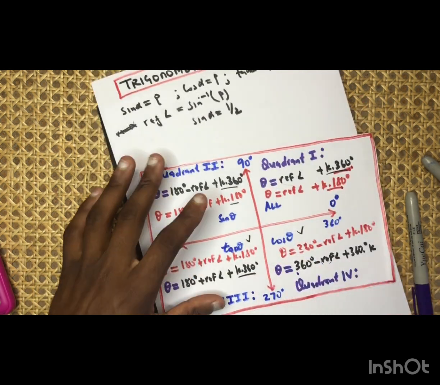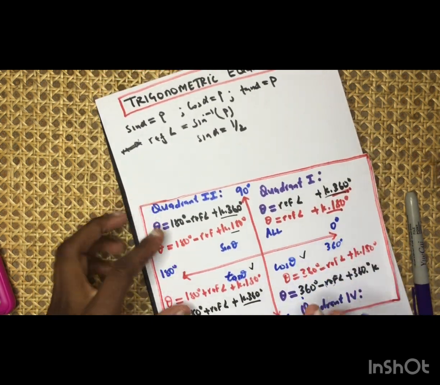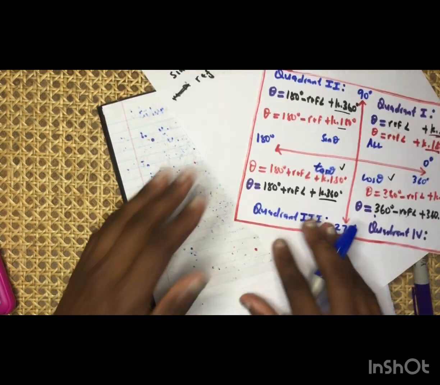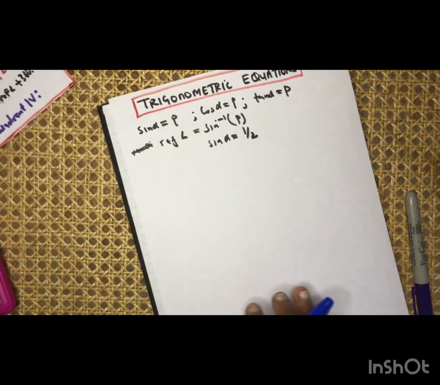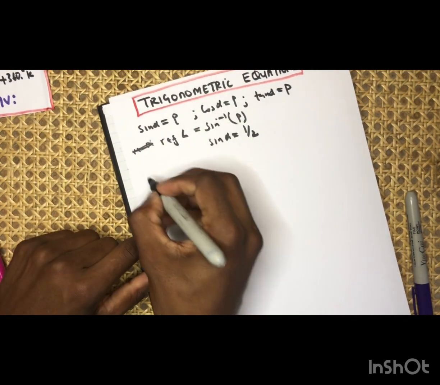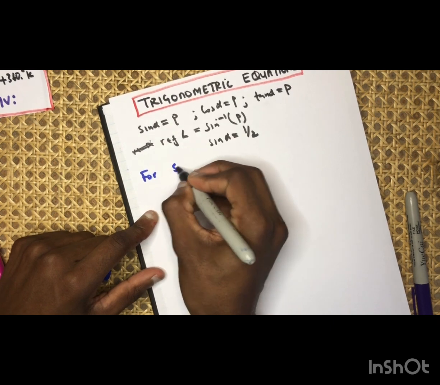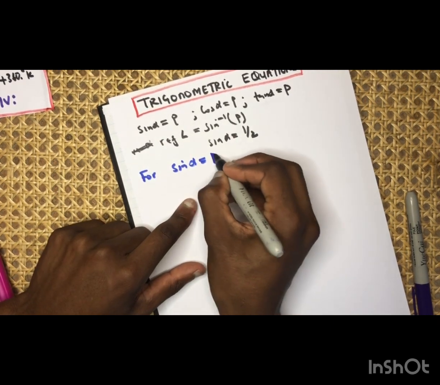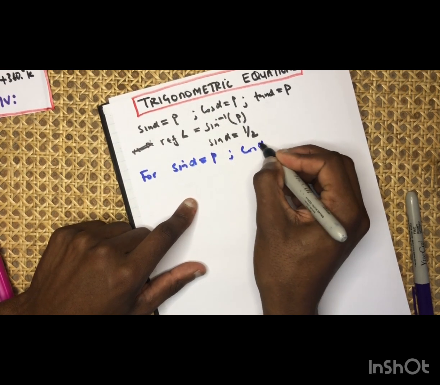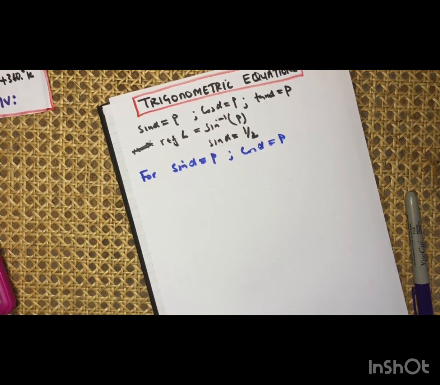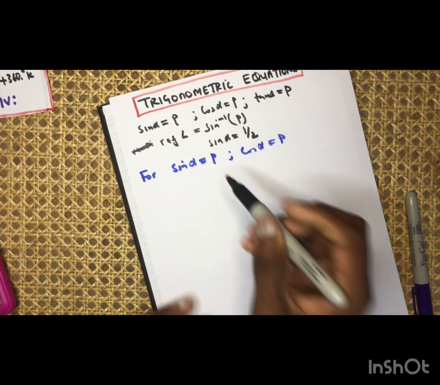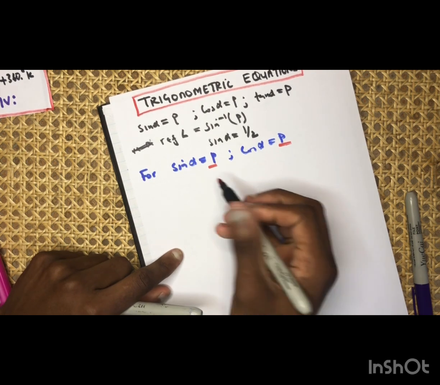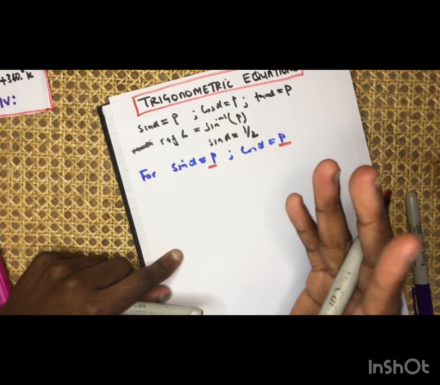Also, for this quadrant you must be careful. Another thing you need to note is that for sine alpha equals p and cos alpha equals p, the value of p must lie between -1 and +1.